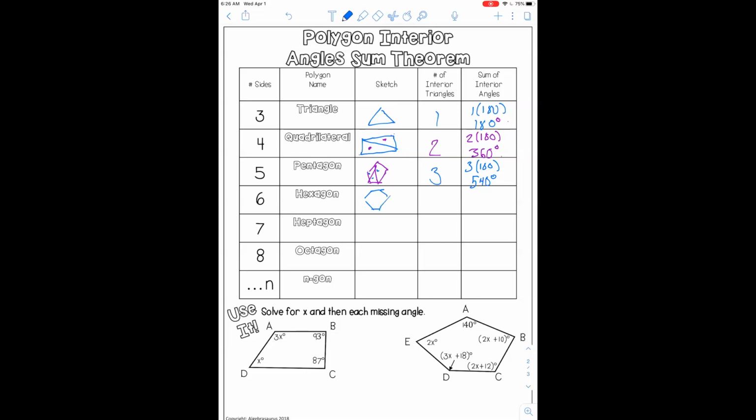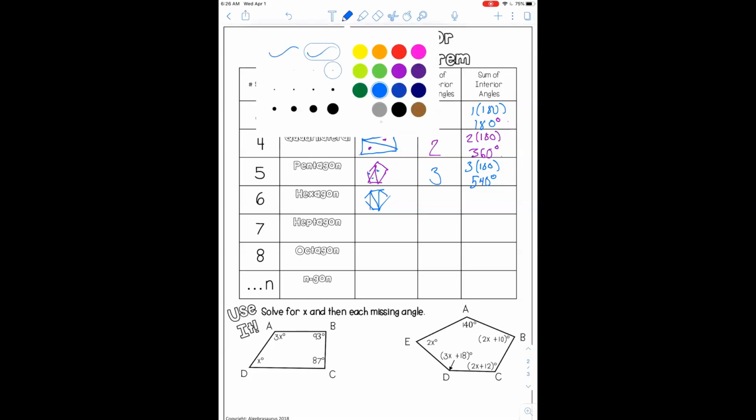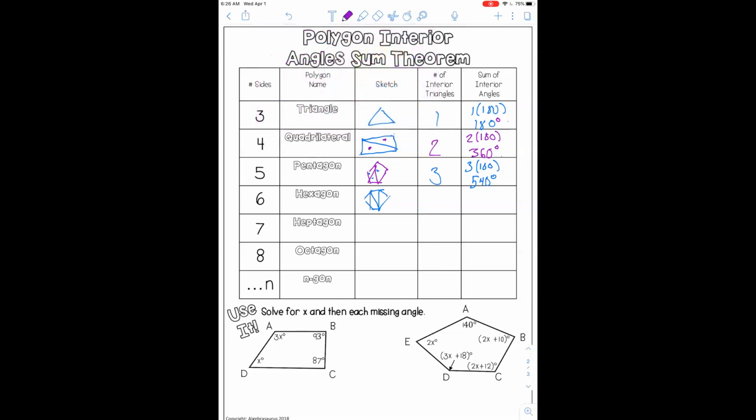And we can get 1, 2, 3, 4 triangles in a hexagon. If we take 4 times 180 degrees, we get 720 degrees inside of a hexagon.